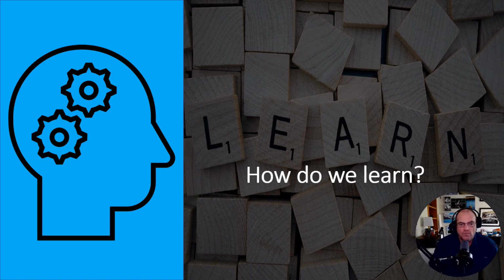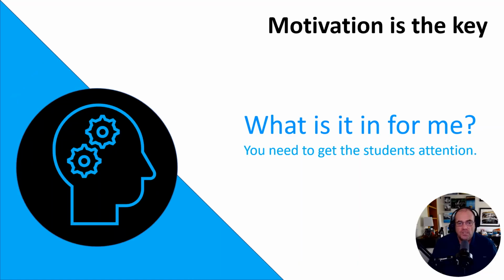How do we learn? One of the biggest things that helps students and learners learn is motivation. What is in it for me? When I take a course, I sign up for it. There's that problem solving pinch point. I sign up, and the motivation is I need to fix something. If you're doing business training, it's a little different. Sometimes that employee does not want to be in that classroom, does not want to learn new stuff because it's benefiting the company and not the employee.